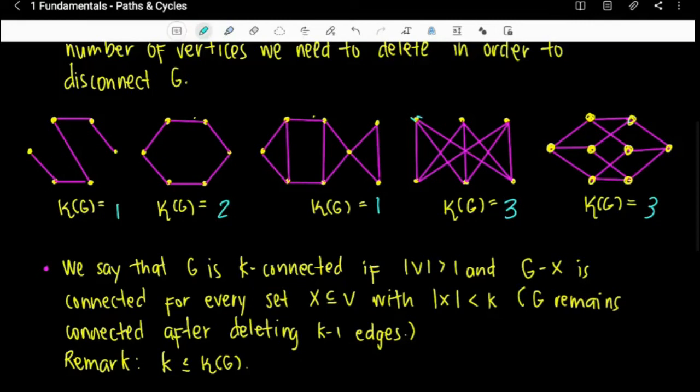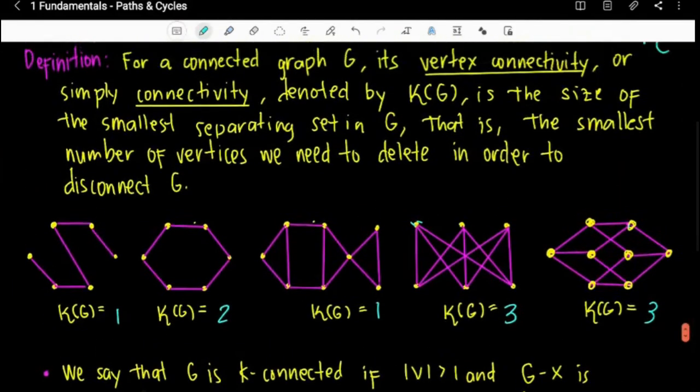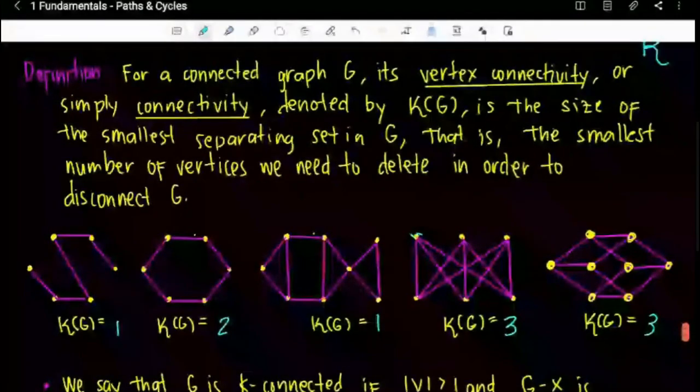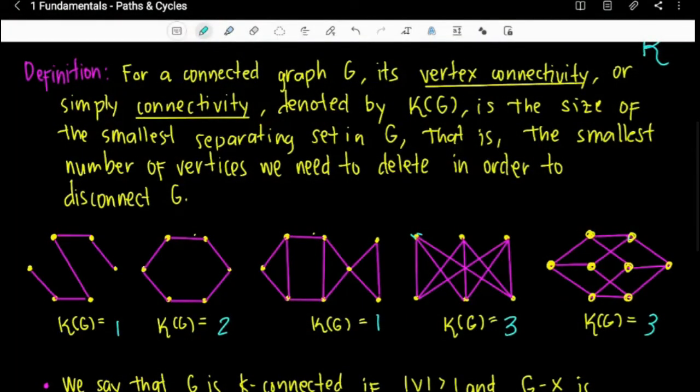So, ibig sabihin, K-connected ka. Okay? So, again, K-connectivity is any number less than or equal to your chi value. Ayan. So, pag ang graph mo has vertex connectivity 3, then you are 0 connected, 1 connected, 2 connected, and of course, 3 connected as well.